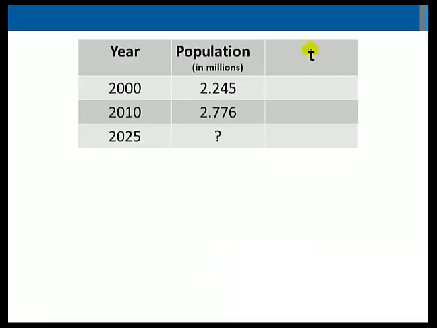So I add a third column for t, where t is the number of years after the year 2000. In the year 2000, t equals 0. 2010 is 10 years after the year 2000. 2025 is 25 years after the year 2000.